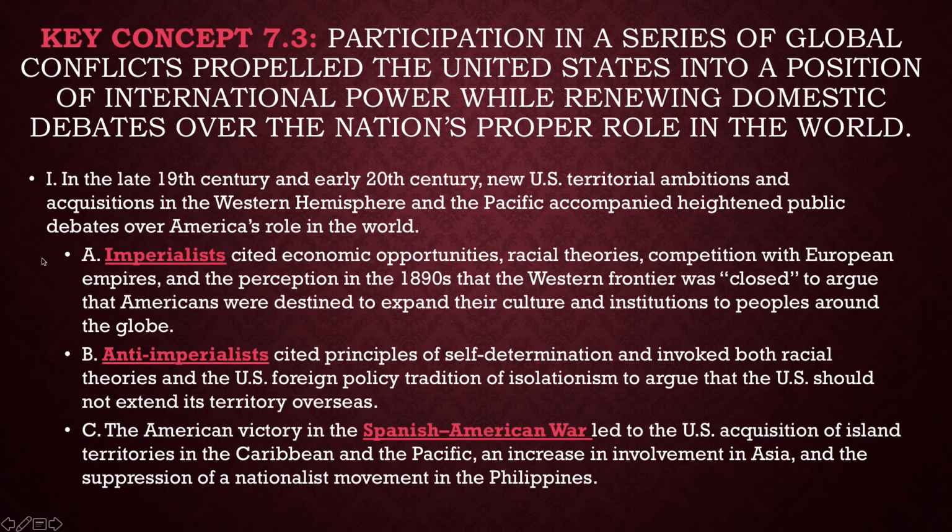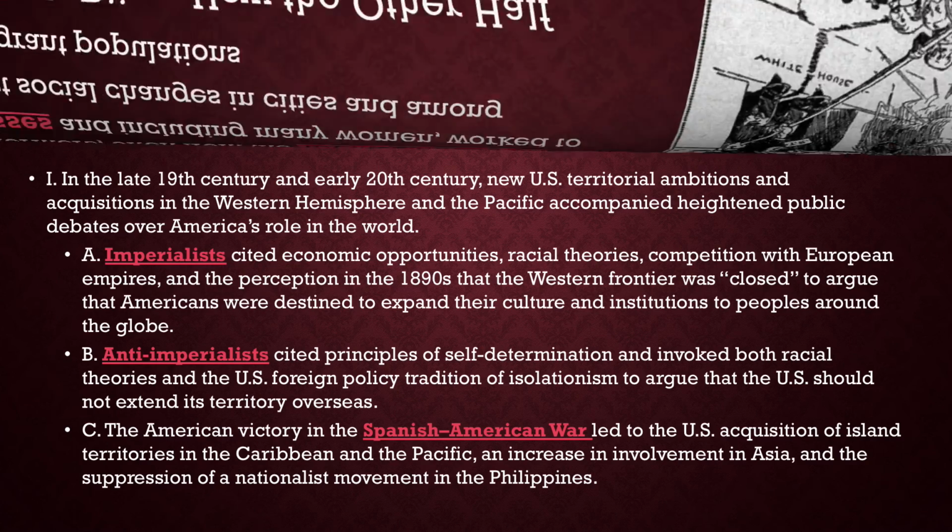So a lot of individuals begin to rise with more imperialistic thoughts. We'll look at each of these very specifically, A, B, and C, here in this PowerPoint. But you get the anti-imperialist movement, those men and women who feel that this is not a good thing to do. And our first war that really puts us on a world stage is the Spanish-American War. So we'll come back to these here in a moment.